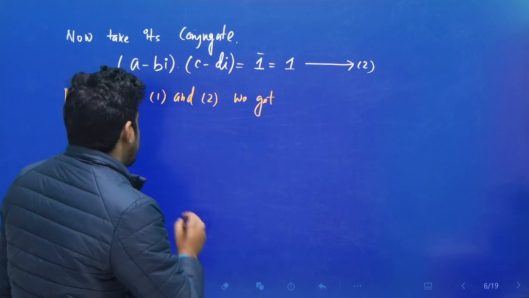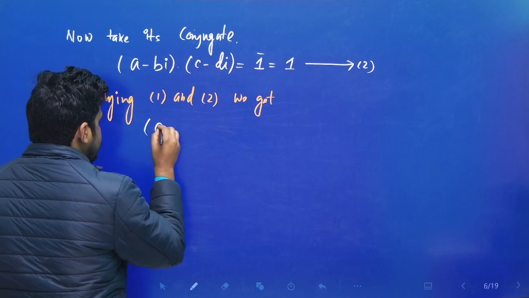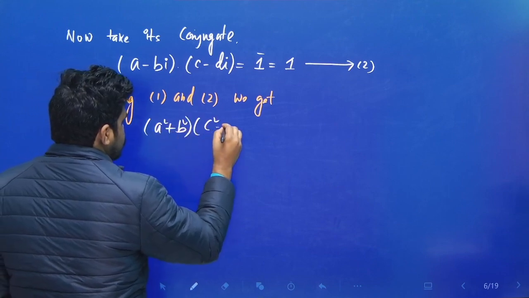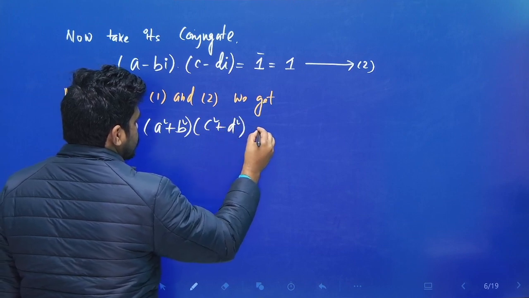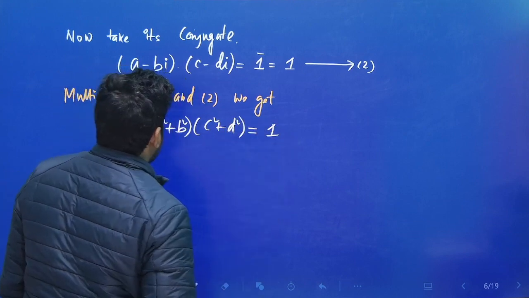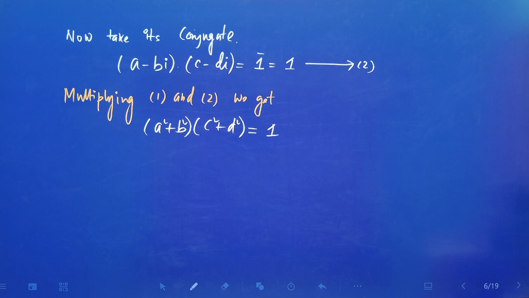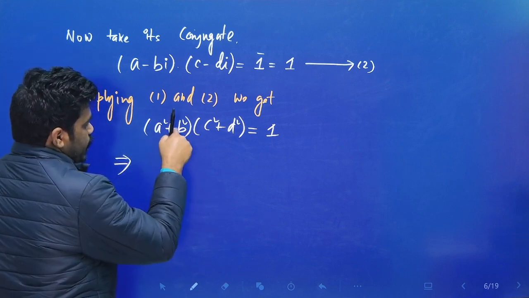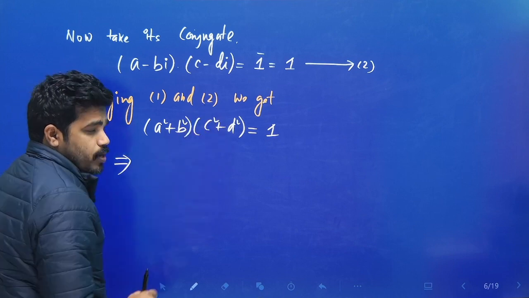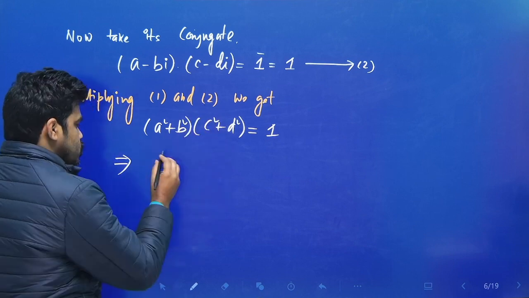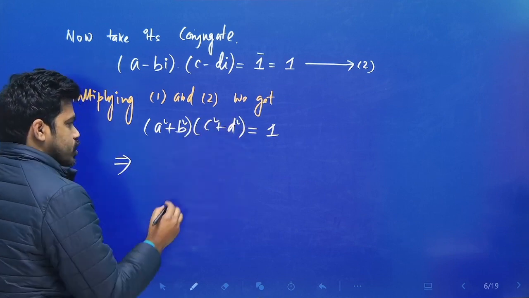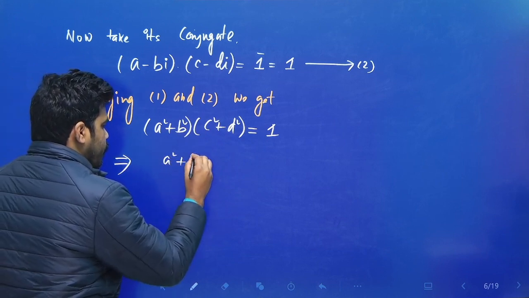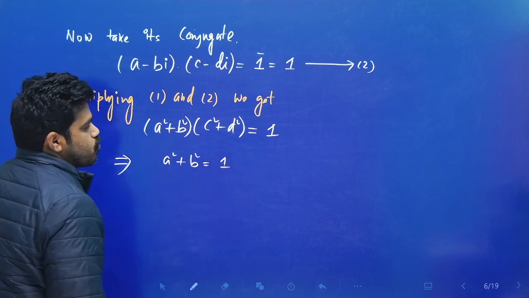So a square plus b square into c square plus d square is equal to 1. The product of the two is 1, so obviously each should be 1, that means a square plus b square is equal to 1.